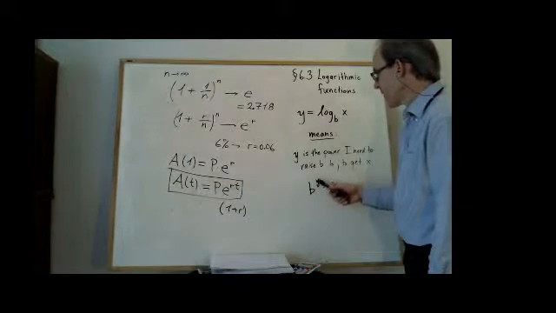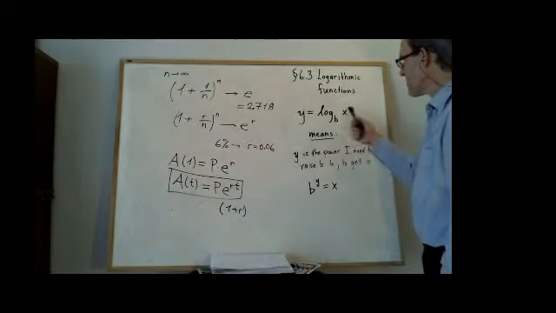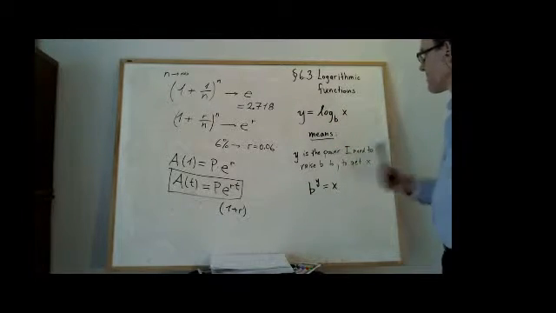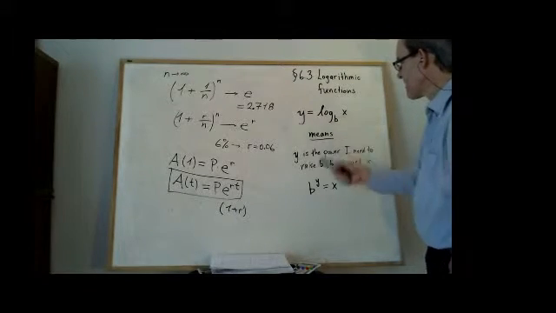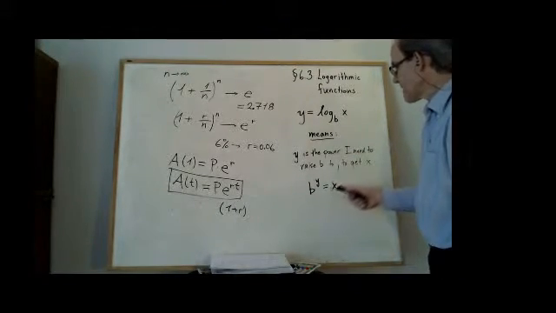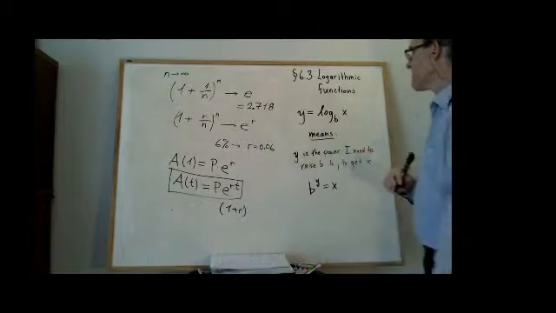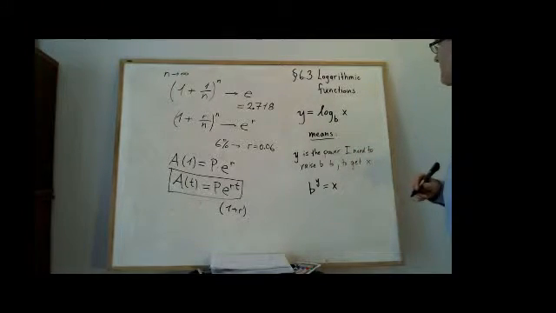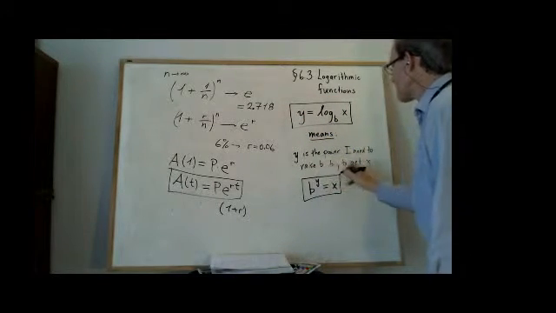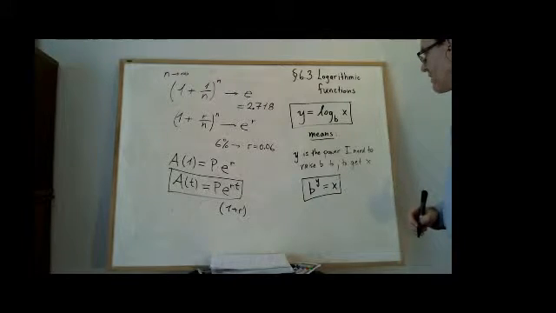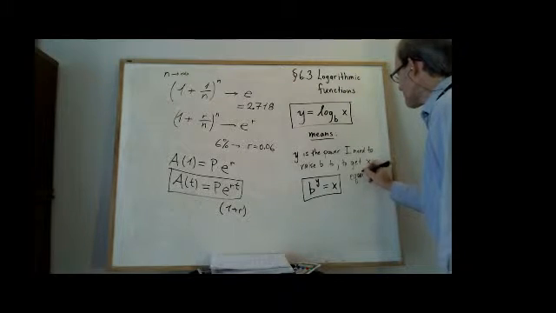Starting with y, I would raise b to the power y, and then that would give me x. But now I'm starting with x, and I want to get y. So another way of saying it is, if I'm given the value of the base b, which is always given, and I'm given a value of x, then solve for y. And the answer is this logarithm function. Okay, so this equation is defined by this equivalent exponential equation, or the equivalent exponential form.